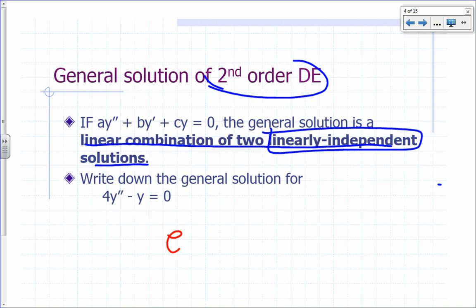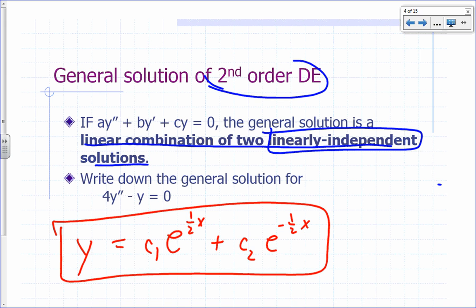Each one of these, if you plug it in, gives you the right answer. It satisfies the equation. The general solution would be c1 e to the 1/2 x plus c2 e to the -1/2 x, where c1 and c2 are constants. That would be the general solution.